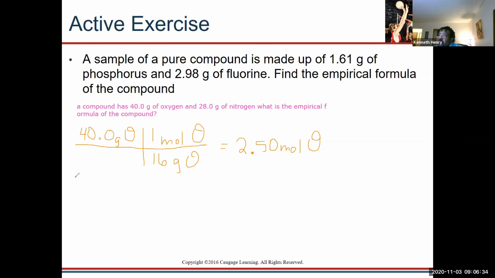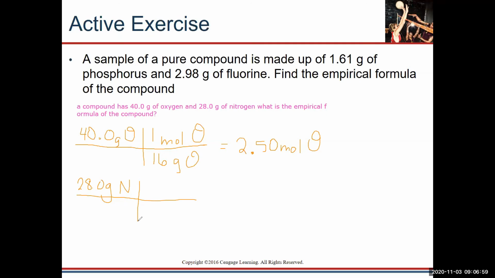And we have 28.0 grams of nitrogen. So what am I going to do with that? The molar mass of nitrogen is 14.